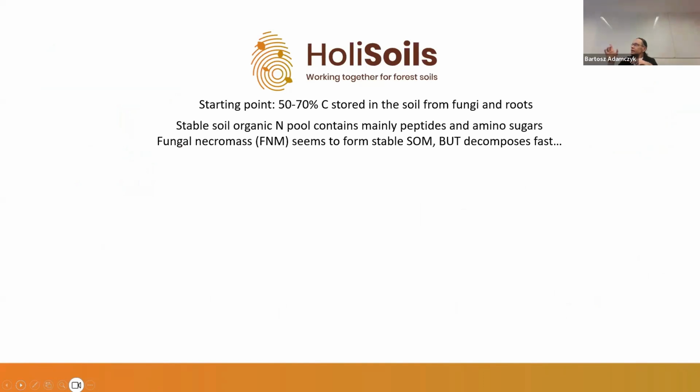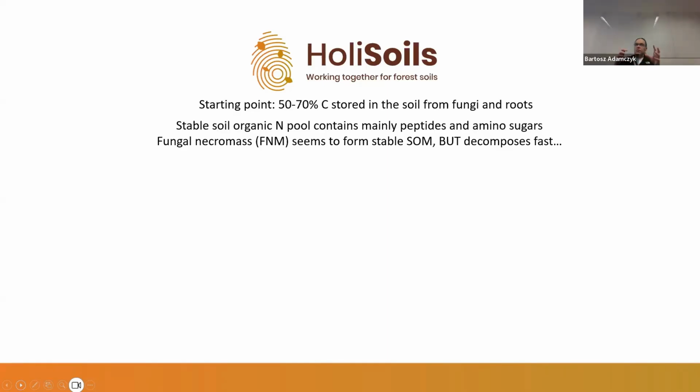So like I was underlining, most of the carbon in the soil is coming from fungi and roots, and the organic nitrogen pool contains mainly peptides and amino sugars, and fungal necromass seems to form very stable organic matter. But as you know, fungal necromass contains a lot of nitrogen, so why not eat it at first?